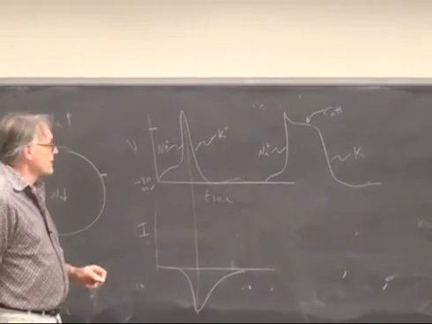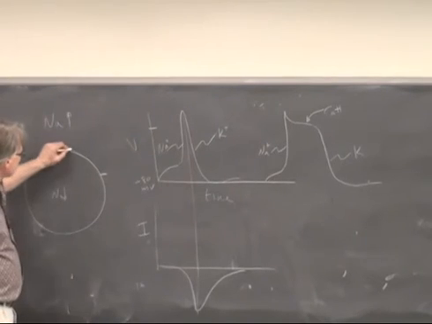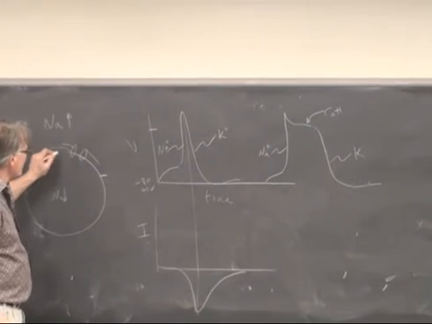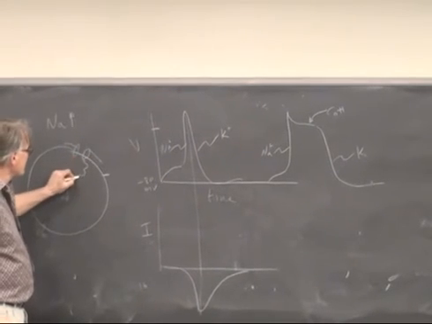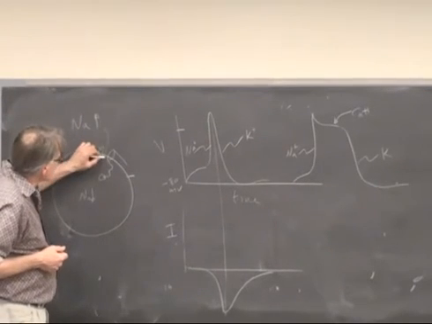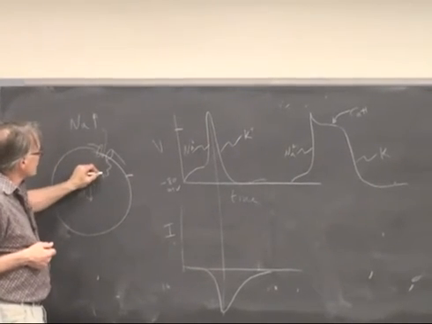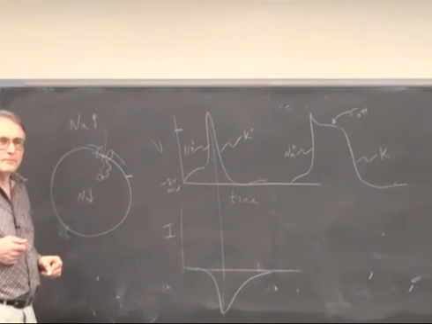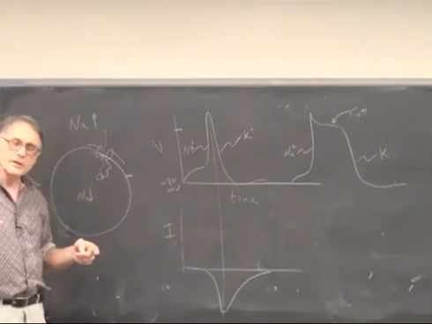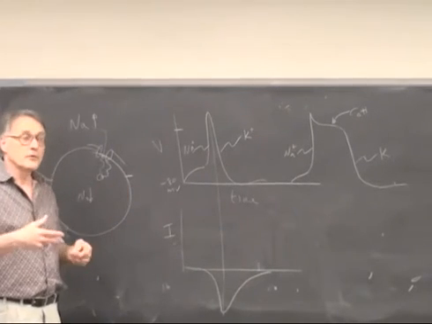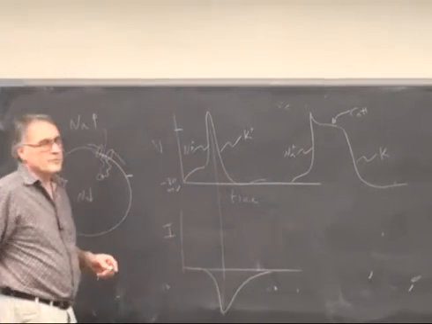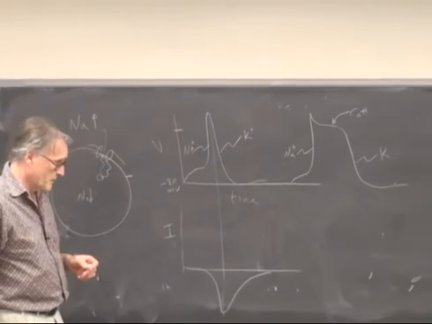There's been a lot of speculation about how this works, but the best guess I've heard lately is that you have some sort of channel sticking through the membrane here, and hanging off to the side is kind of a tail with a charge on the end. The channel slams open, sodium comes in, the charge is attracted towards the channel and finally plugs it. So it's kind of a first order reaction where the molecule turns itself off. So you get an exponential decay of sodium current over some fairly short time.